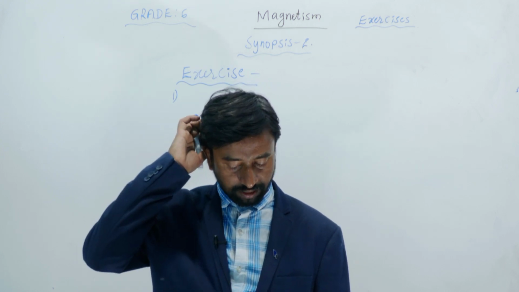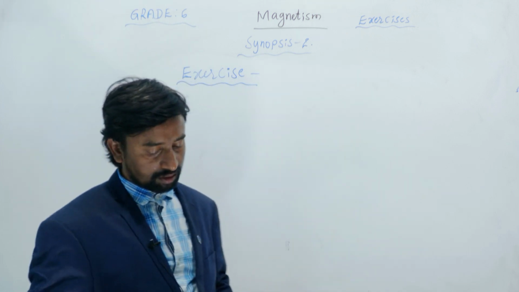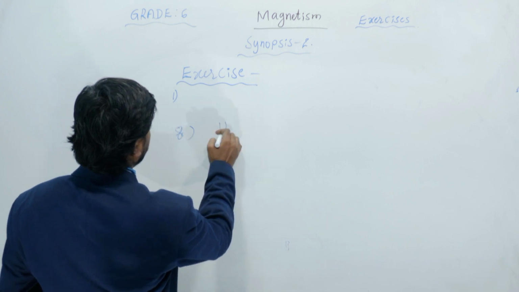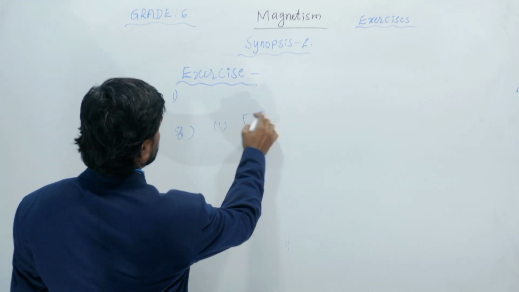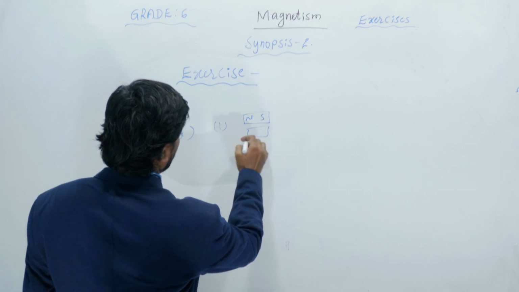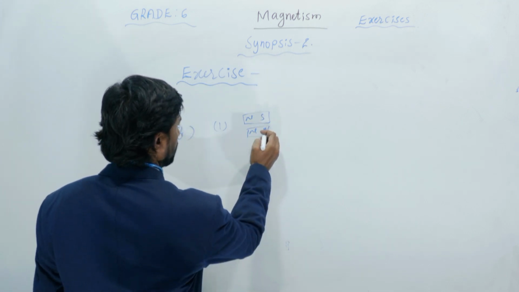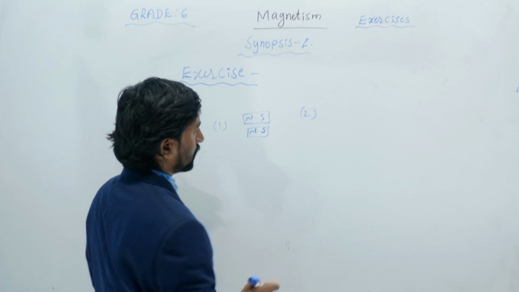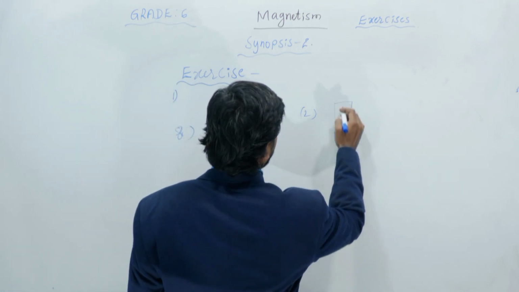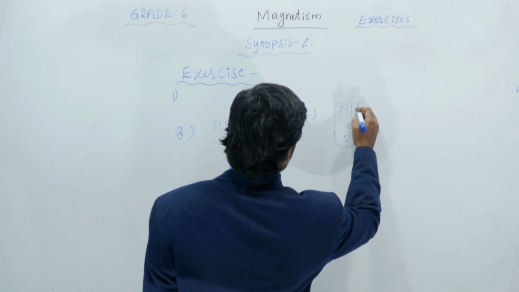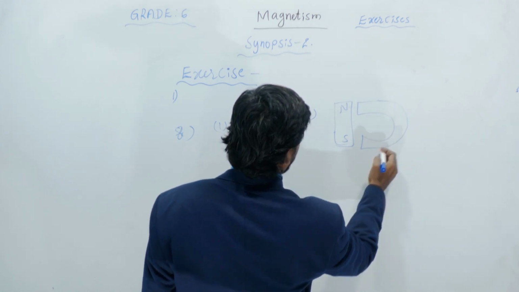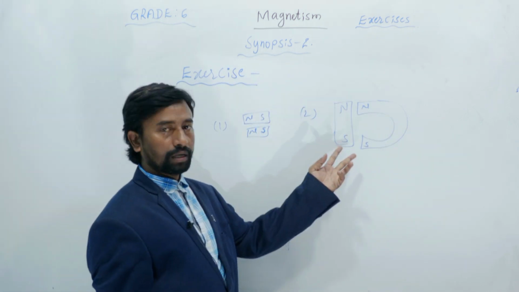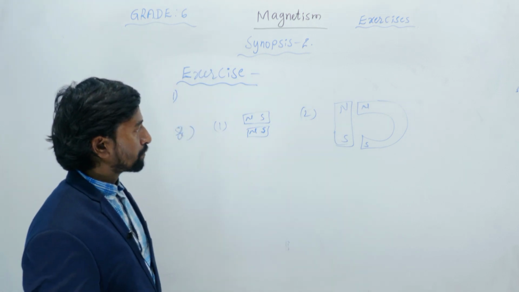In the eighth question, the first set is given like this: north pole and south pole here, and north pole and south pole there. They will repel each other. In the second set also, north pole faces north pole, so they repel, because like poles repel each other and unlike poles attract.